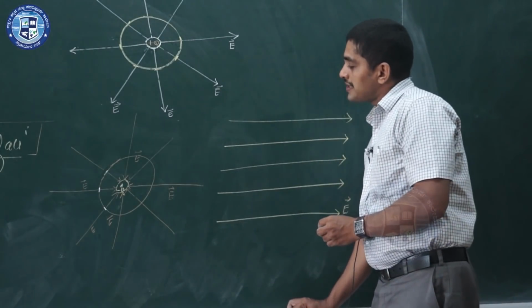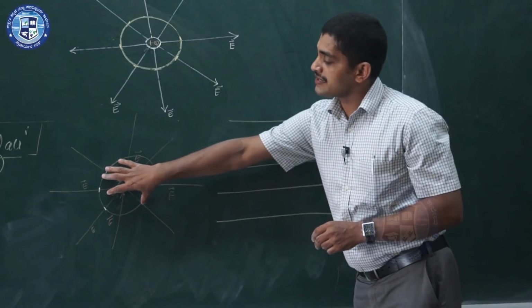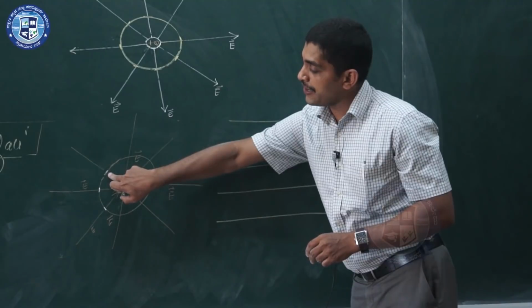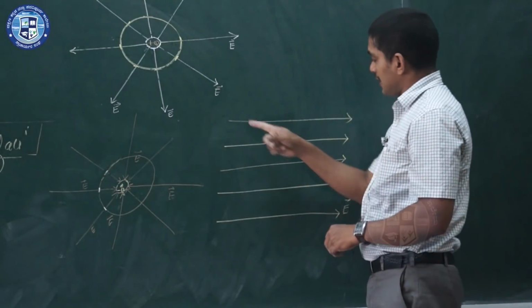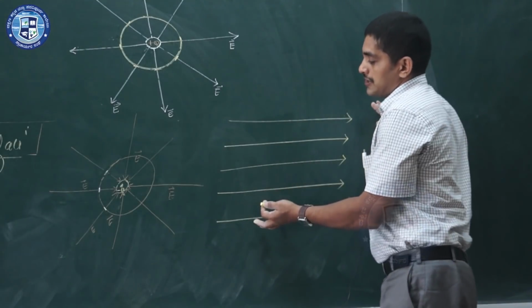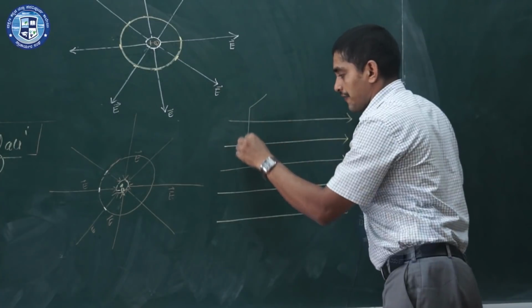What will its equipotential surface be? Since the equipotential surface is perpendicular to the electric field direction, a surface normal to this field will be a plane surface.